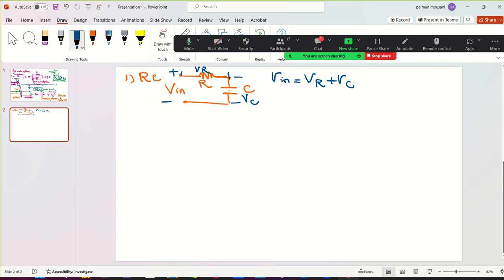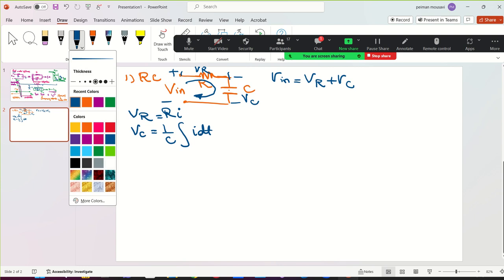And from kindergarten, you know that VR is equal to Ohm's law, RI, the current circulating inside the circuit. And you know that VC is equal to 1 over C integration of I dt.